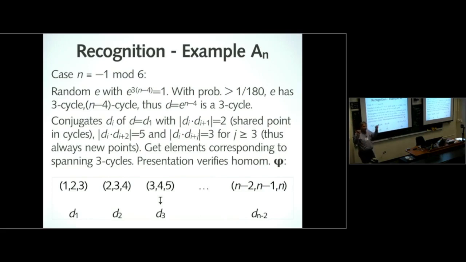And if I have 2 3 cycles, I can look at the order of their product, and that tells me whether the points which the 3 cycles are involved with overlap, right? If you have 2 3 cycles and they don't share a point, their product has order 3.